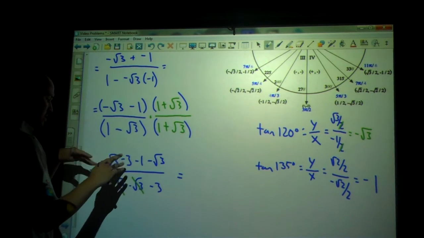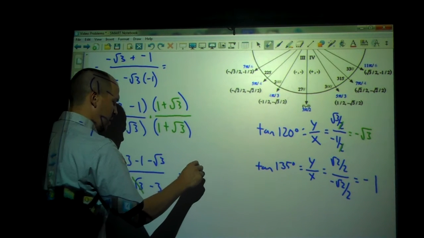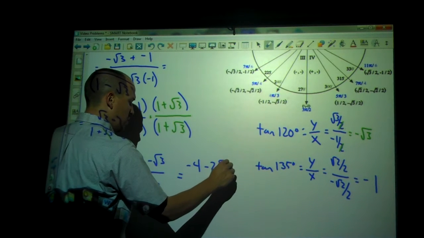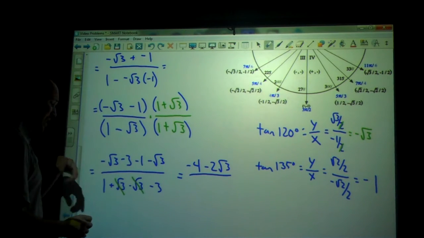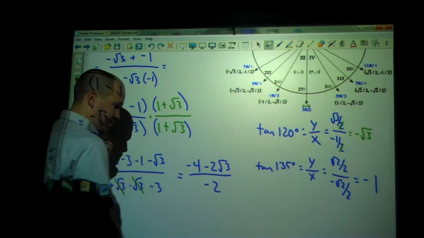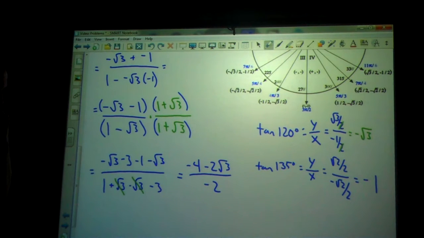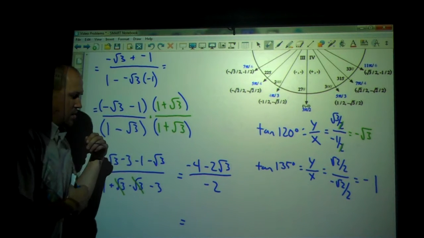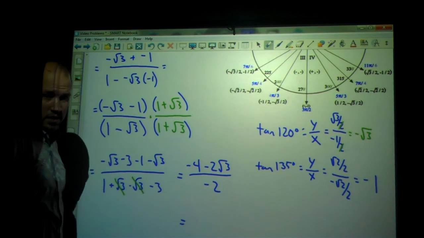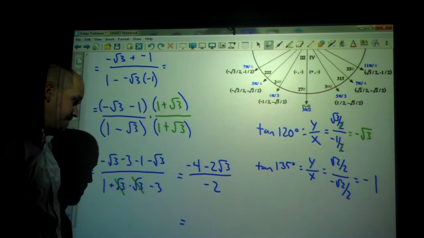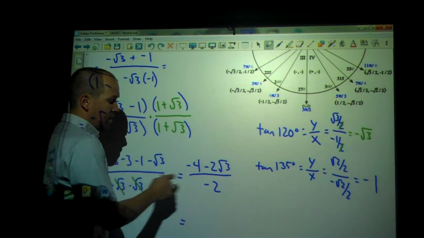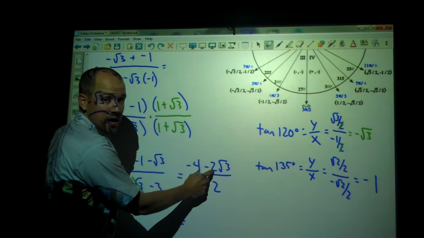Alright, so what I see here is a negative 4. I also see a negative 2 root 3. And I also see a negative 2. Let's see here. What's the best way to think about this? Alright, I like this. Because they're all negative, I'm going to factor a negative 2 out of the top.